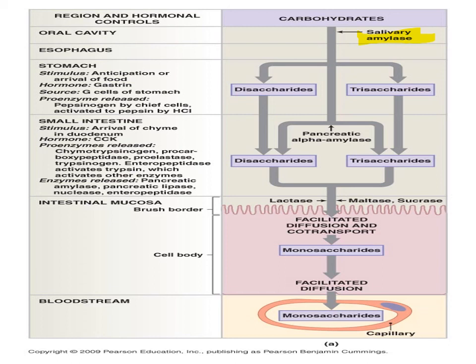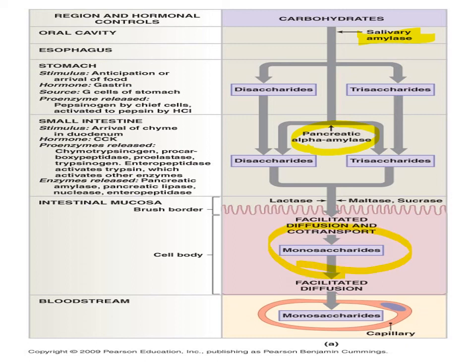It'll eventually basically inactivate the salivary amylase. Then when we get down into the small intestine, the pancreas produces pancreatic alpha amylase, and the salivary amylase as well, they break down disaccharides and trisaccharides into monosaccharides.